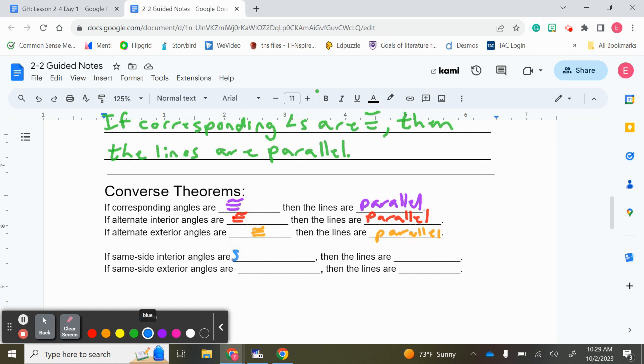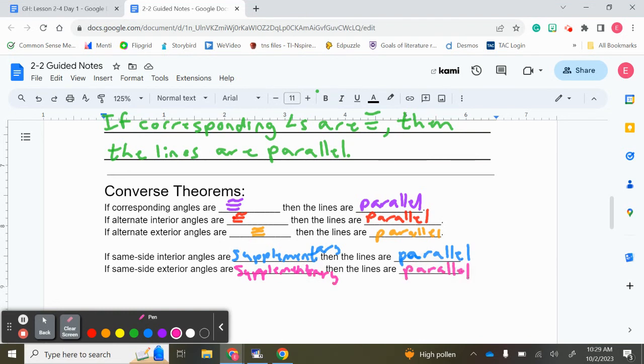Supplementary, very good. Then the lines are parallel. And last but not least, if same side exterior angles are supplementary, very good. Then the lines are parallel.